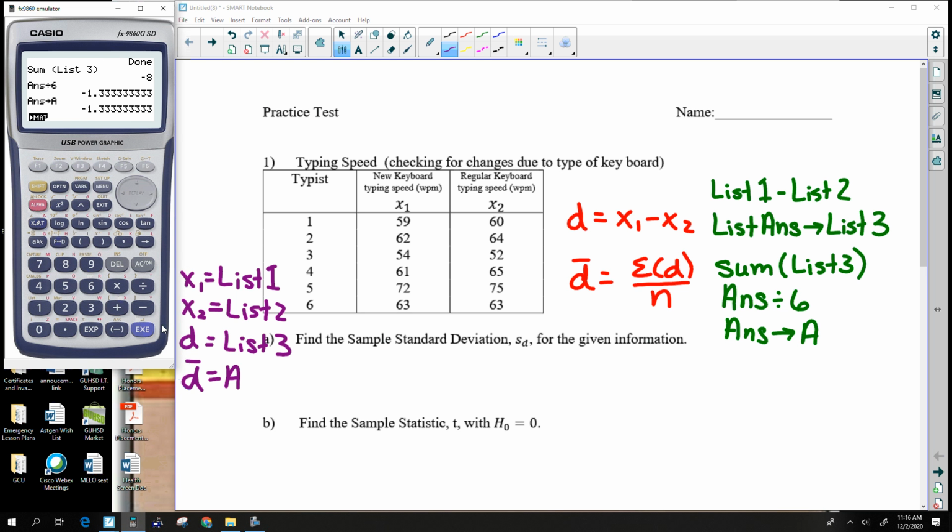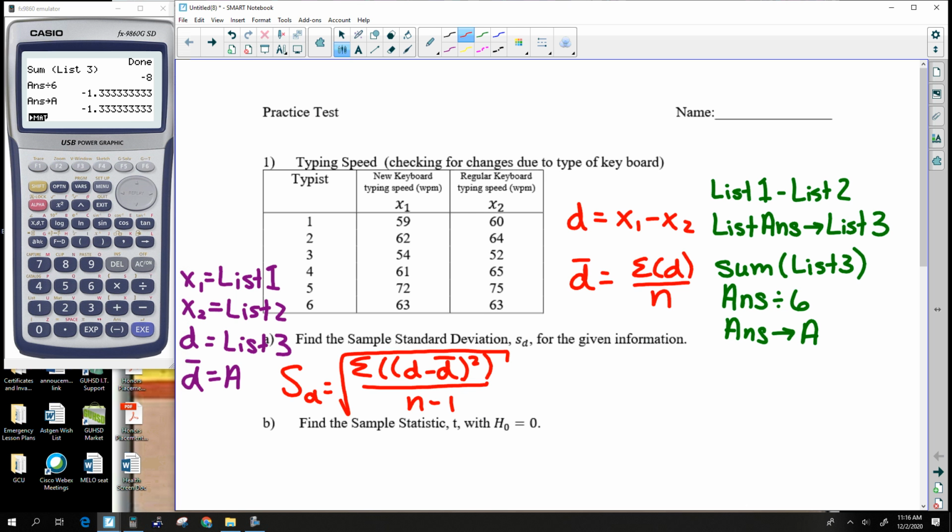All right, so the first real calculation that I have to do in this problem is to find this standard deviation, which is the square root of the sum of D minus D bar, closed, squared, divided by n minus 1.